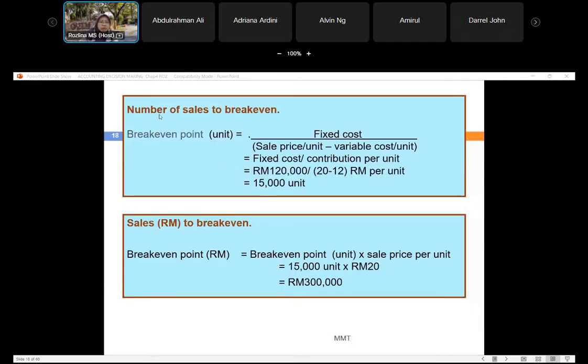So you have how to solve the problem in the slides: how to get the break-even point, and then how to solve the problem of sales in ringgit.